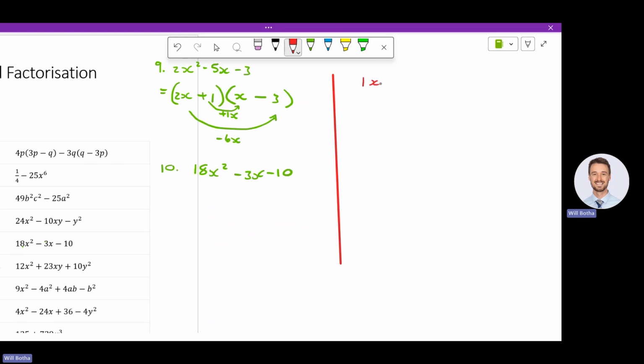I can say 1x times 18x. I can say 2x times 9x. I can say 3x times 6x. And I think that's it. For 10, I have different options as well. For 10, well, let's keep it red. I can say 1 times 10. I'm going to write that option for every one of these.